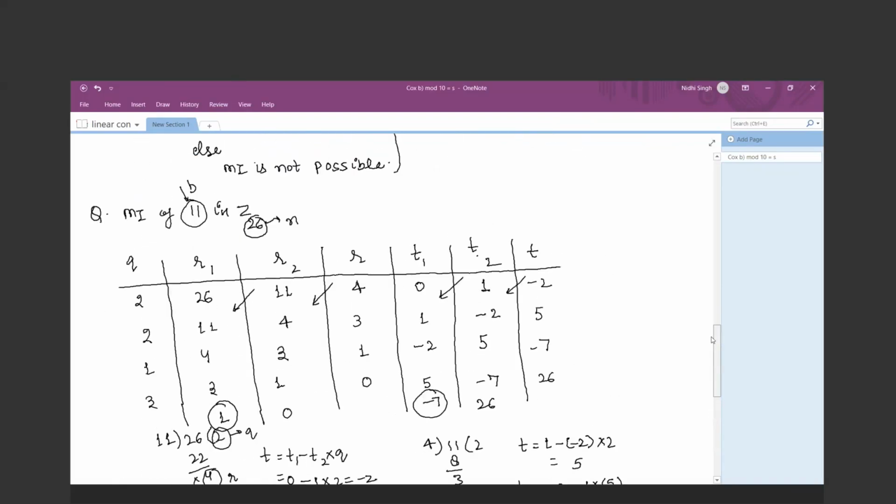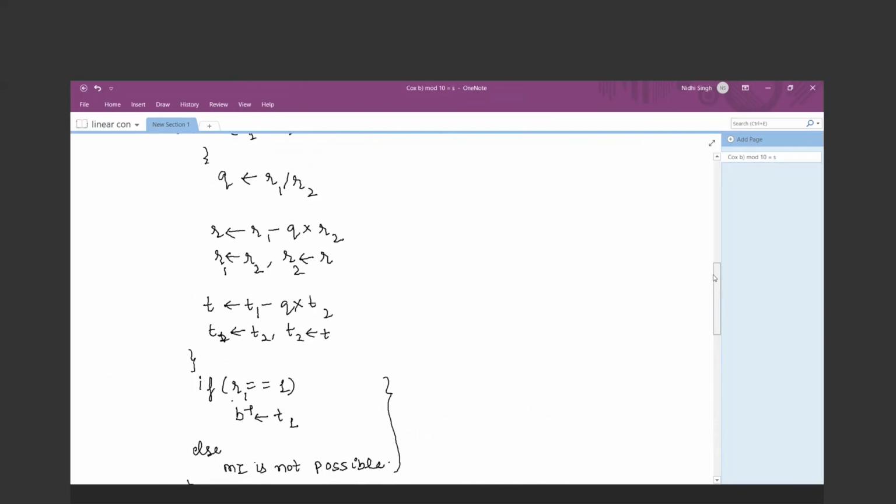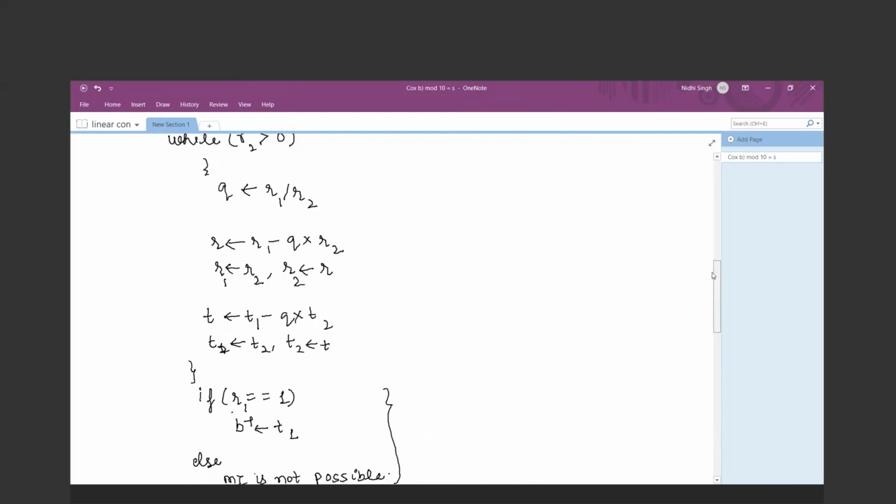I should scroll up such that you can see the steps I am going to perform, and you have to find out the multiplicative inverse of 23 in set of residues Z100.